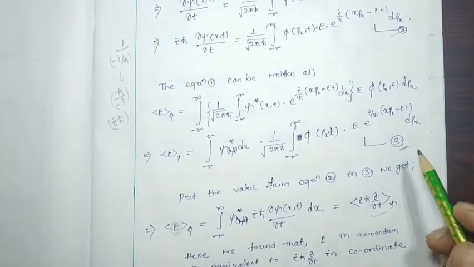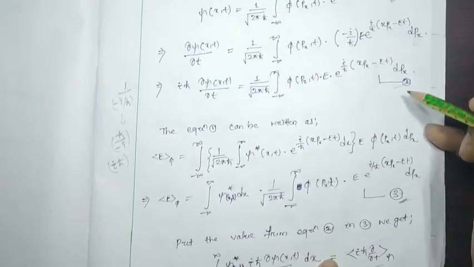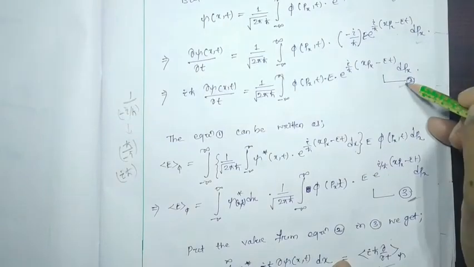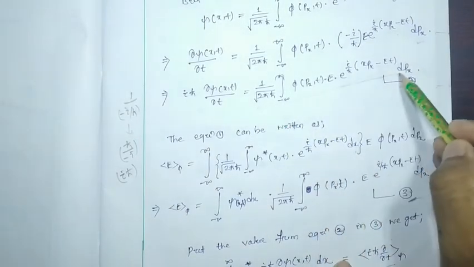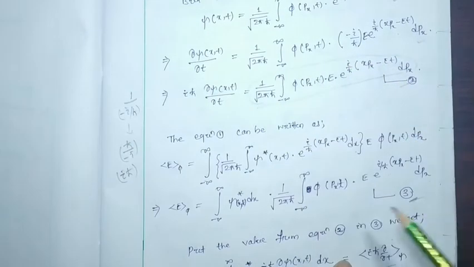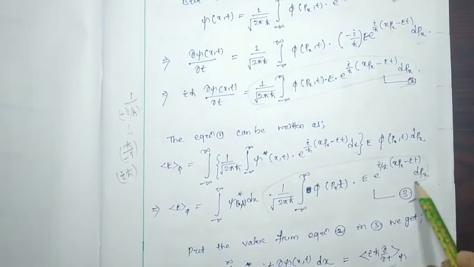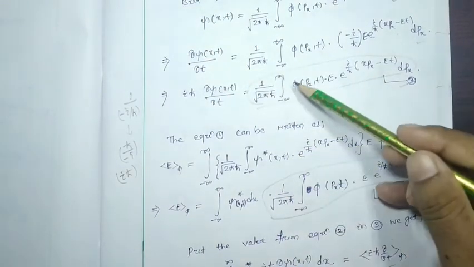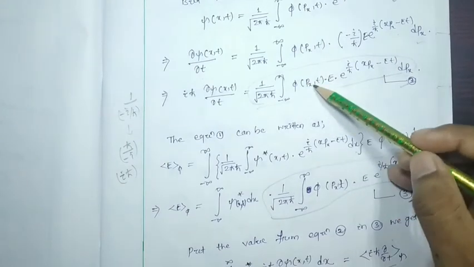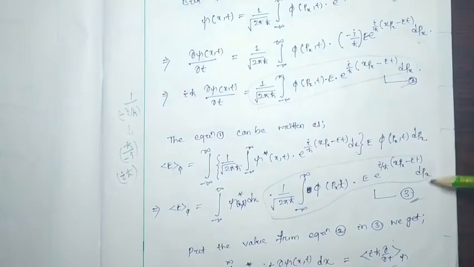Now the value from equation number 2, whatever we have found, we are going to put in equation number 3. So here this much value is nothing but this much value: 1 by root 2 pi h cross, integral from minus infinity to infinity, phi of px,t e to the power i by h cross x px dpx.